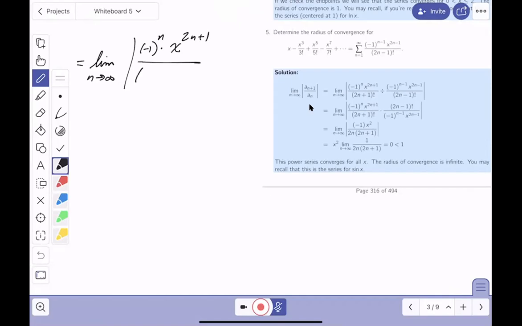And in the bottom, you're going to get 2n plus 1 factorial, times the reciprocal. I want this to be less than 1. That's going to be 2n minus 1 factorial, and then you get minus 1 to the n minus 1, x to the 2n minus 1.